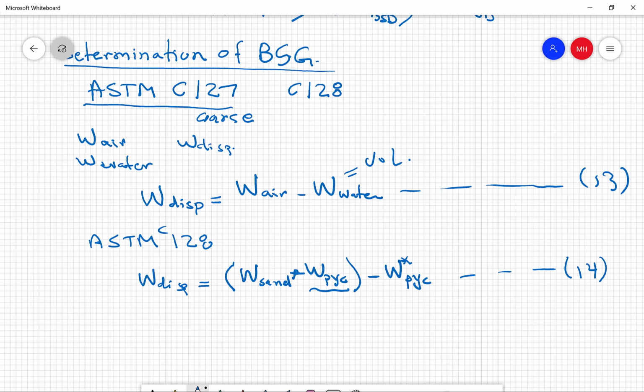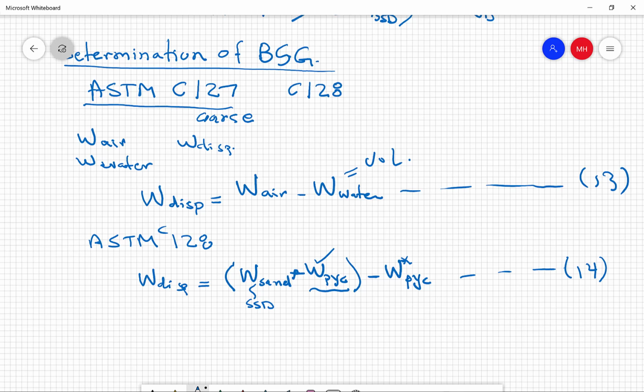So the weight of sand is the weight of the SSD sand here. And the weight of the pycnometer, this value, is the weight of the pycnometer containing only water.